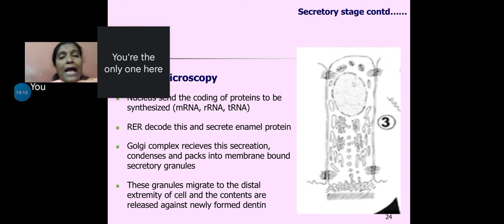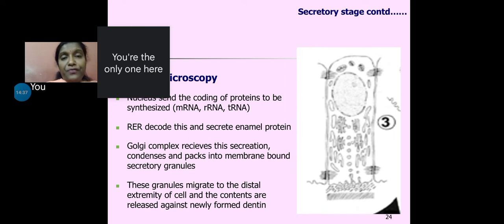The idea of these membrane-bound secretory granules, secretory vesicles, is that the secretory products should not get diluted inside the cytoplasm. Second, the cytoplasm also contains calcium. If the enamel proteins come in contact with the calcium, enamel forms inside the cell, which is not wanted. You want enamel formation to occur outside the cell.